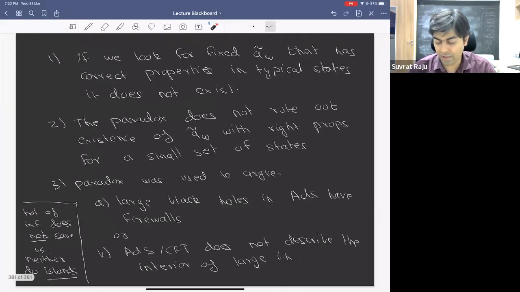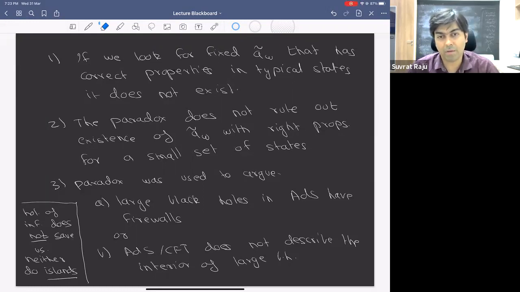Now you might say that we had these Ryu-Takayanagi surfaces, and maybe some of them explore the interior, and that gives us some evidence. But none of that really resolves this paradox, because it could be that those calculations work for atypical states where you have a smooth interior, and you can't use them in this form for typical states.